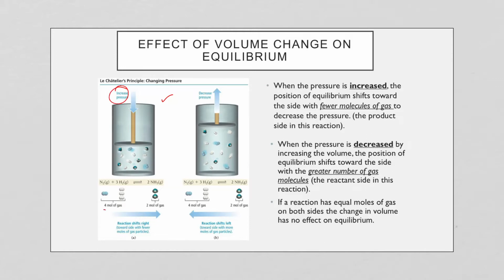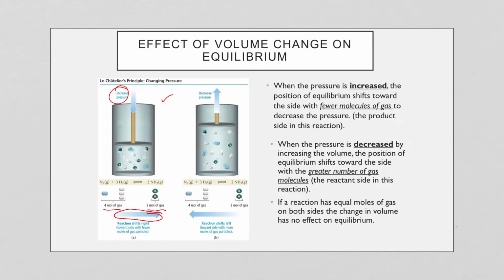On the reactant side, we have 4 moles of gas. On the product side, we have 2. If I want to lower the pressure, I'm going to shift toward the side with the fewer moles of gas, so in this case we shift toward the products.